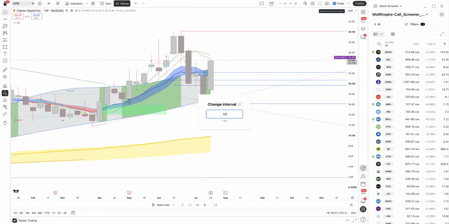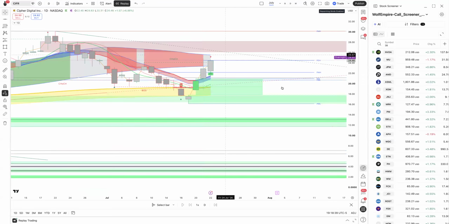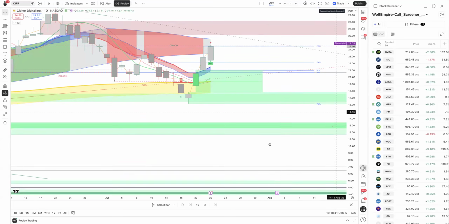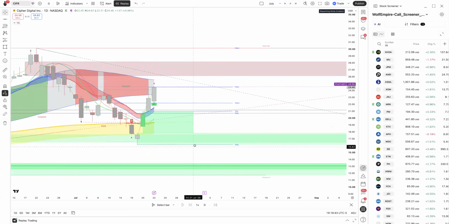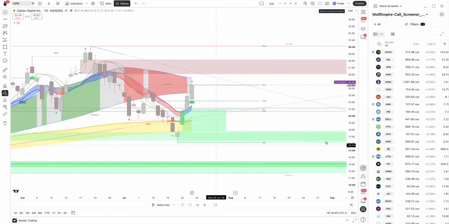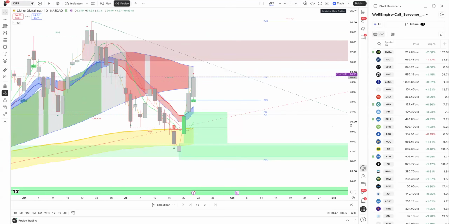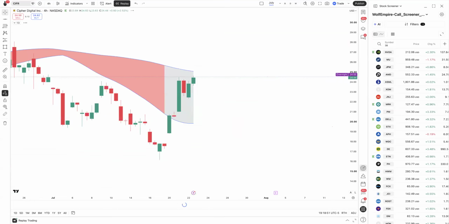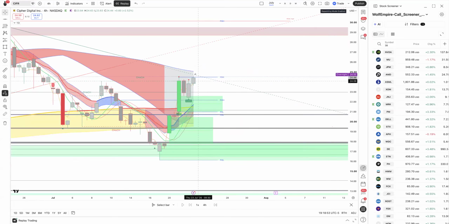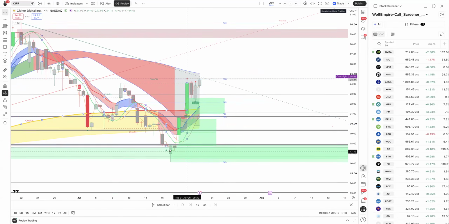And I'm going to go to the 1 day. All right, let me get the price action right. Now I'm just going to do the 4 hour just for this example, right? Which looks good. Like it's going to try to get back above the 12 cloud pretty soon. I mean the WTMA cloud pretty soon.